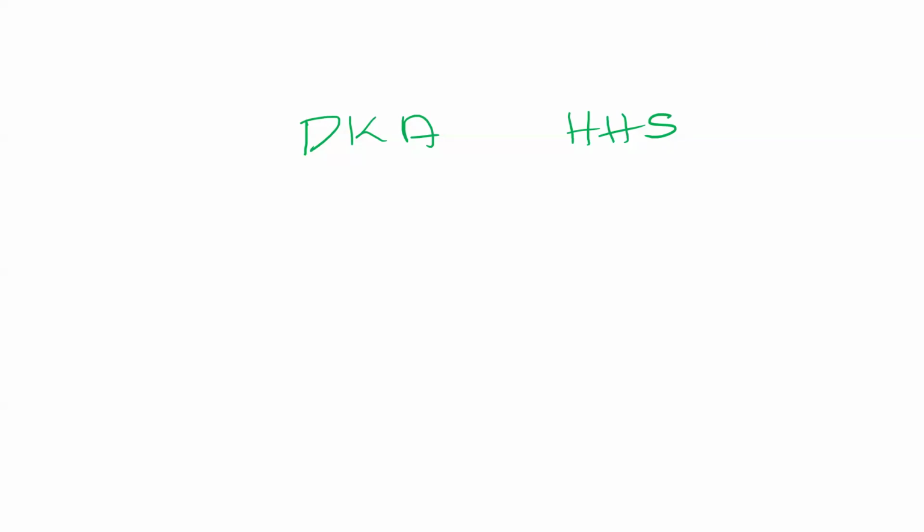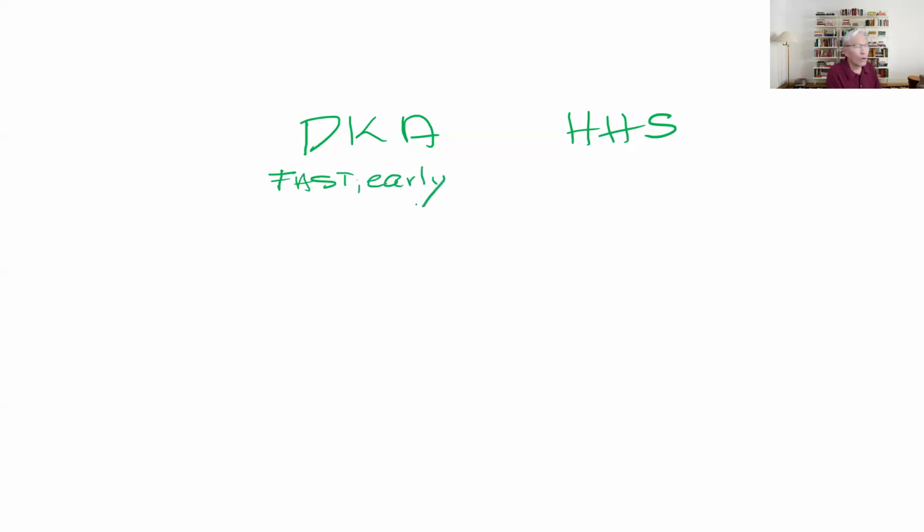So let's summarize that. Which occurs fastest? The onset of the complications or symptoms occurs earliest when? DKA. Okay, good. Fast. Early. What is the laboratory finding in DKA that's not found in HHS?